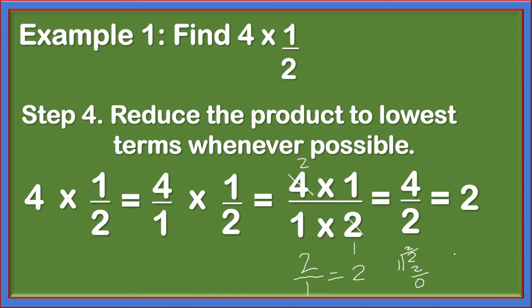So, the answer is still 2. Pwede din dito, magiging 4 divided by 2. 4 divided by 2 is 2. Then 2 times 2 is 4, which is also 0. So, the answer is still 2. This is now our answer.